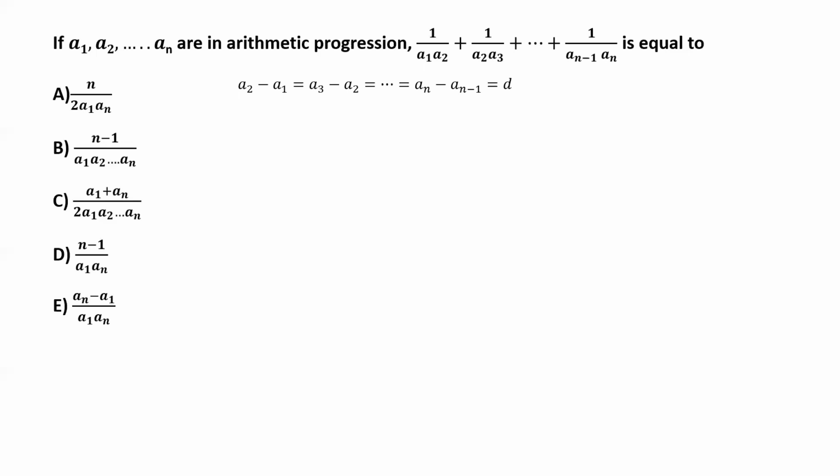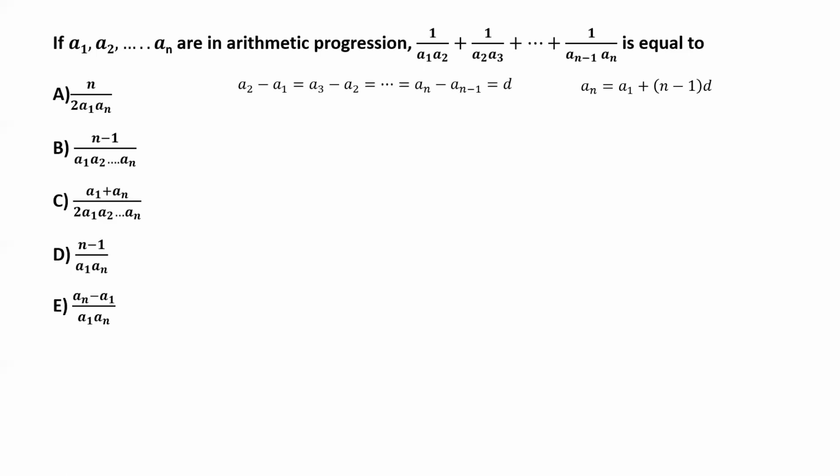The other thing that's important for this particular problem, and more generally for any problem with arithmetic progression, is how we write the nth term in terms of the first term. That can be shown to be an is equal to a1 plus n minus 1 multiplied by d, where an is, of course, the nth term of the progression, a1 is the first term and d is the common difference.